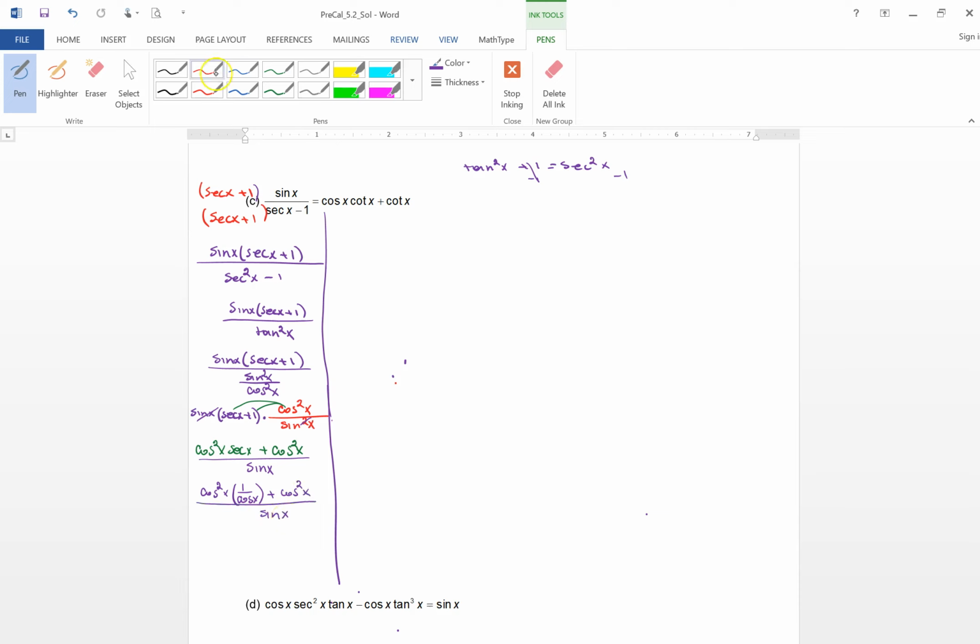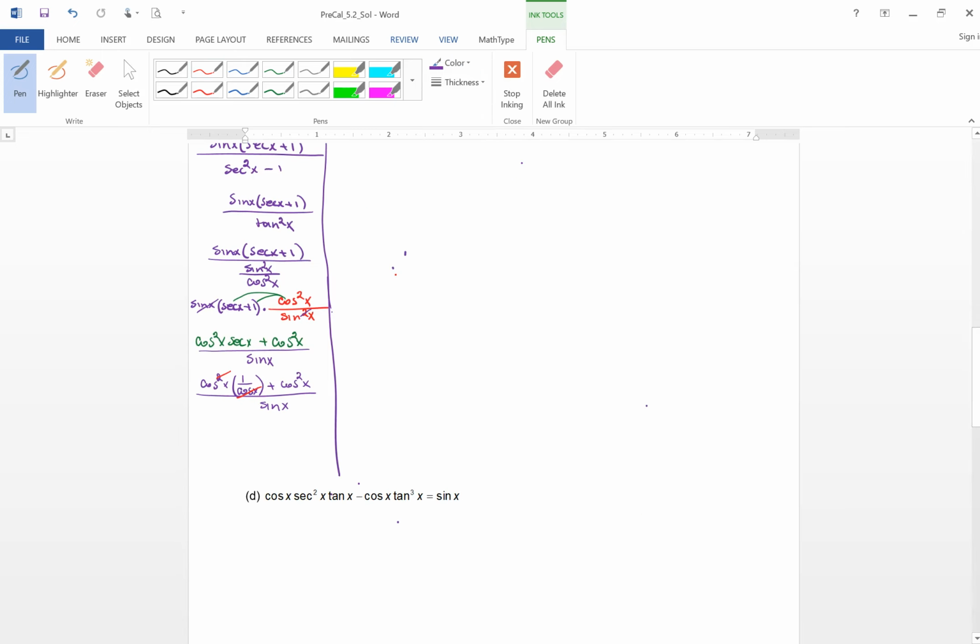We're getting there, guys. One cosine goes with one cosine. So what I have now is this: cosine x plus cosine squared x over sine x.